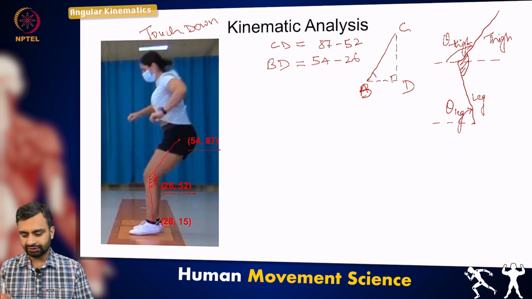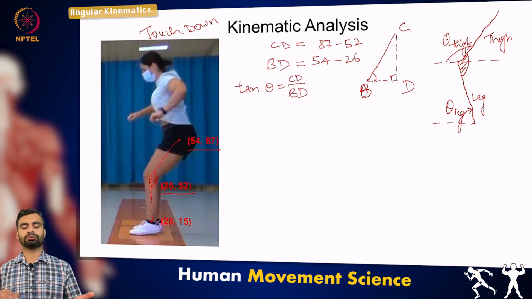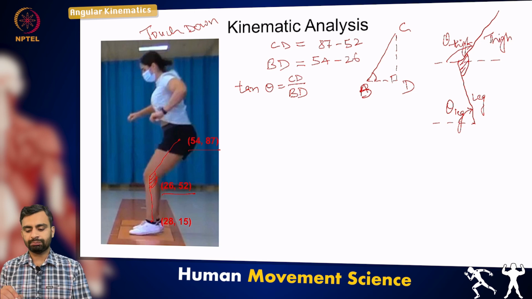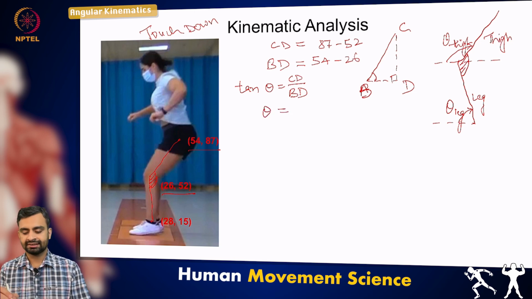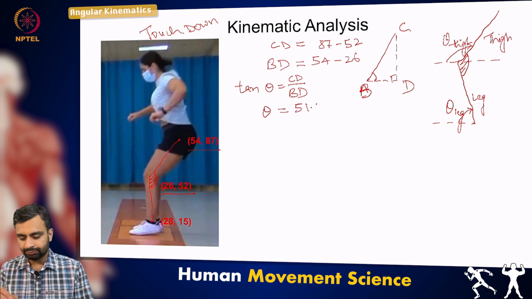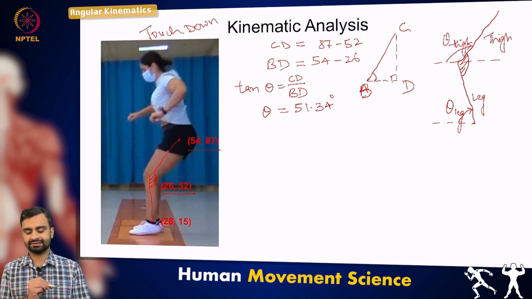So we will calculate this angle as tangent theta is equal to CD divided by BD from our trigonometric relations. When we plug in these values, we will get a value of theta as 51.34 degrees.